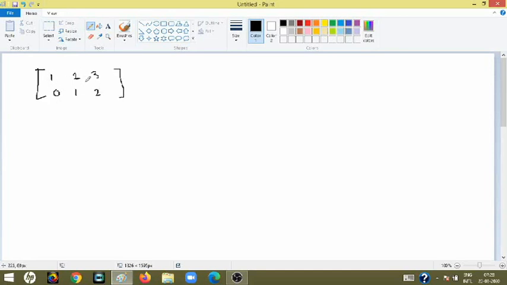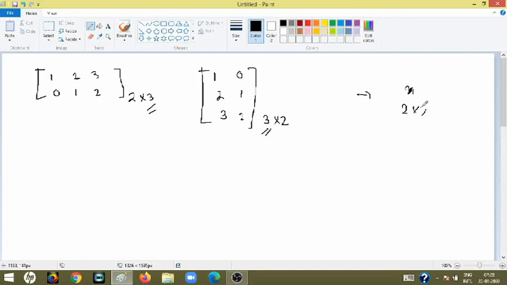This is 2 rows, 3 columns, 2 cross 3, and let us take [1 1; 0 2; 1 3]... This is 3 rows by 2 columns. Now it satisfies the condition for matrix multiplication: the number of columns equals the number of rows. It will obviously produce a 2 cross 2 matrix.